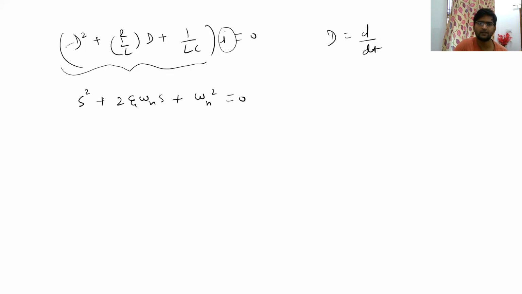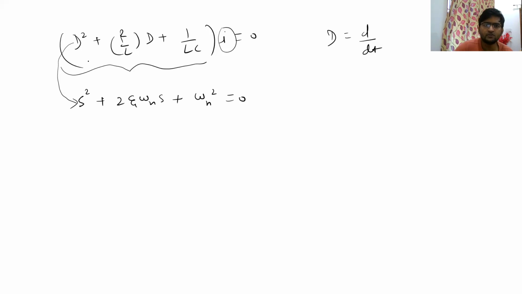Here I have just written D in terms of s, right? You are going to study all about this in detail in control systems, and even a little bit in the Laplace transform analysis in network theory, and in mathematics.